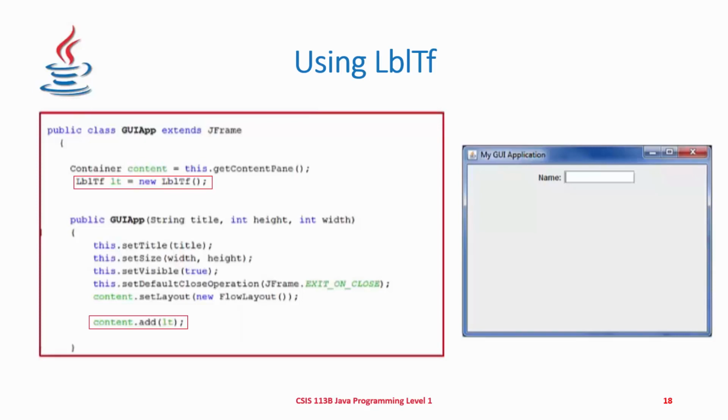Then below that, we have the constructor for the GUI app, which is setting up all the basics of the JFrame: the title, the size, its visibility, its default close operation, and setting its layout to flow layout as well. But then finally, we're adding our LT variable, which is the instance now of our LBLTF class, our custom class. And if you look to the right, you'll see what it would look like if we were to run that GUI app at this point in time. So again, just like I said, combining a label with a text field and input.